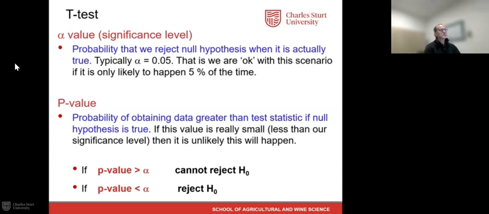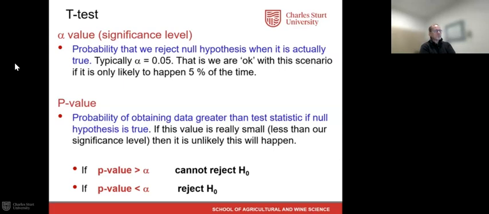And that significance level, or alpha value, gives us a threshold for when we can reject the null hypothesis when it's actually true. So that's our 5% threshold for when we accept that we might be rejecting our null hypothesis when it is actually true, so we shouldn't be rejecting it.